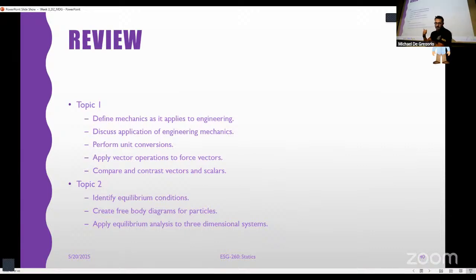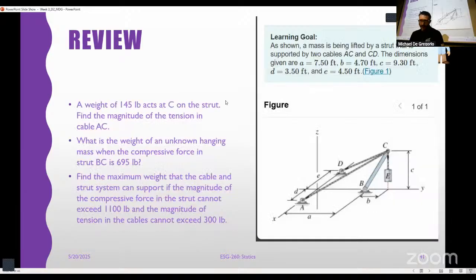Topic 2, identify equilibrium conditions, create free body diagrams for particles, and apply equilibrium analysis to 3-dimensional systems. All right. Okay. So let's get into it. This was a problem that somebody posted up there.